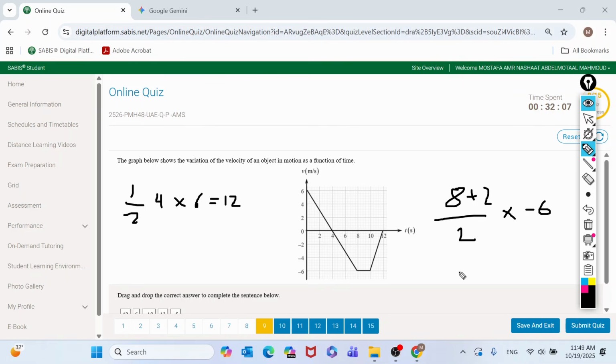So this one's going to be negative 30. So 12 plus negative 30 is negative 18.